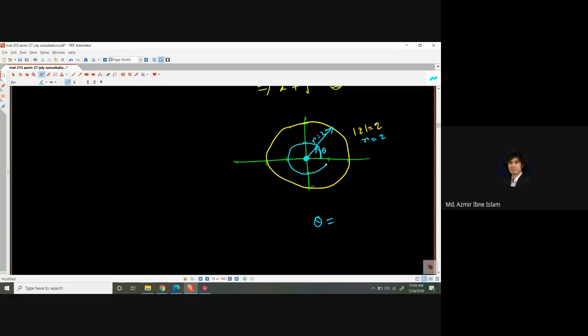For this circle, if we start from 0 degree, 30 degree, 90 degree, 180 degree, 270 degree, 360 degree, that means theta is between 0 degree and 360 degree, that is, 0 radian to 2 pi.